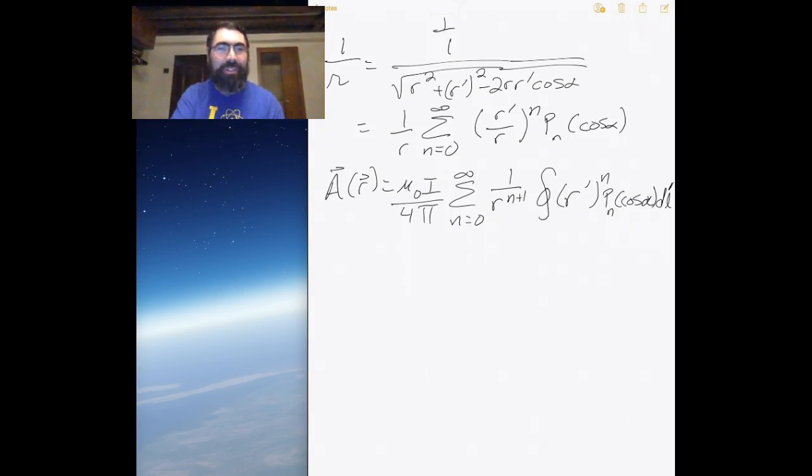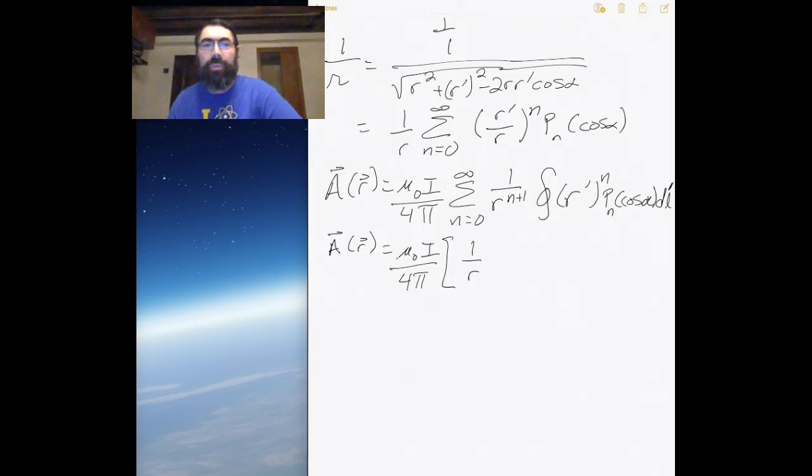Okay. So now basically at this point we just need to integrate term by term, so we can write out a few of the terms. And what we get is mu 0 I over 4 pi times 1 over r.